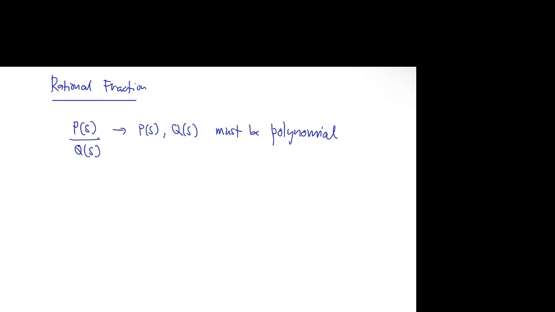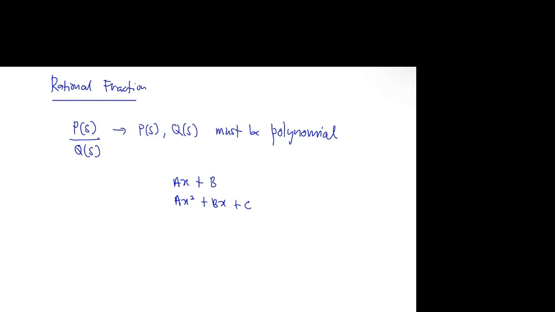For example, let's say we have a linear function, a polynomial of degree one. In order to be linear, you must have ax plus b. A quadratic polynomial is ax squared plus bx plus c.